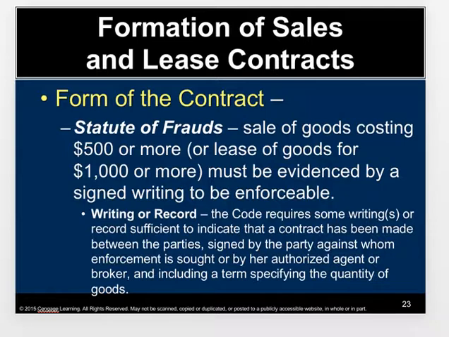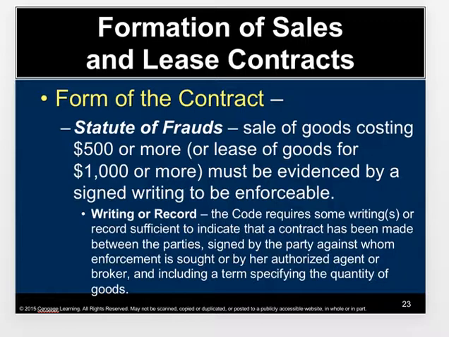Writing or record. The code requires some writings or records sufficient to indicate that a contract has been made between the parties, has to be signed by the party against whom enforcement is sought or by her authorized agent or broker, and it must include a term specifying the quantity of goods. So in other words, under the statute of frauds, for goods of $500 or more, the contract has to be in writing.